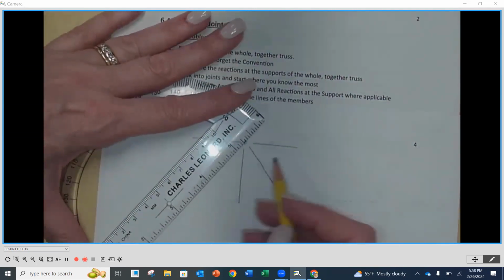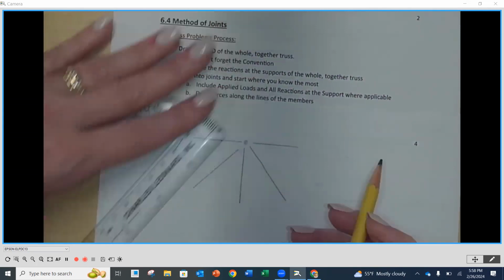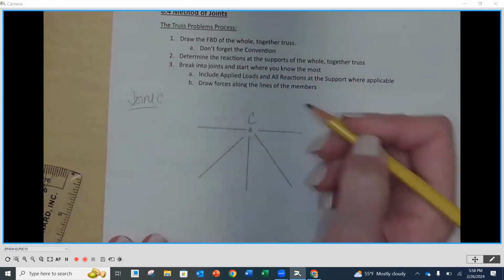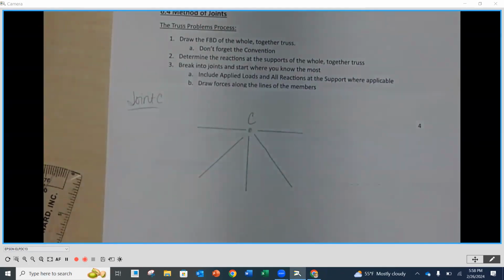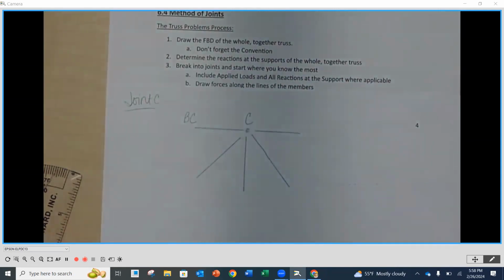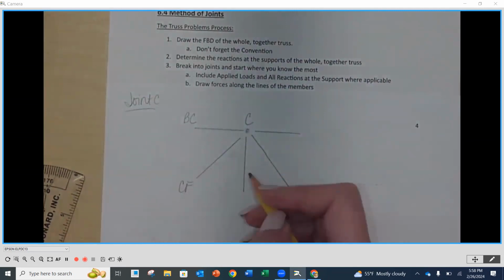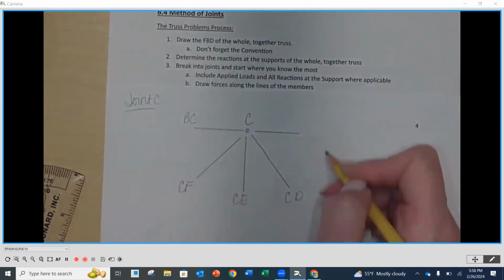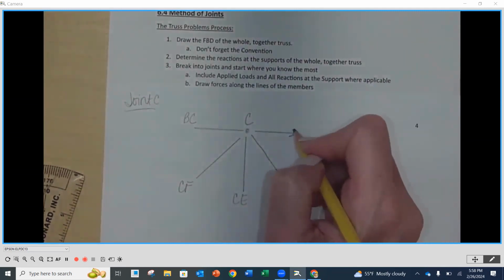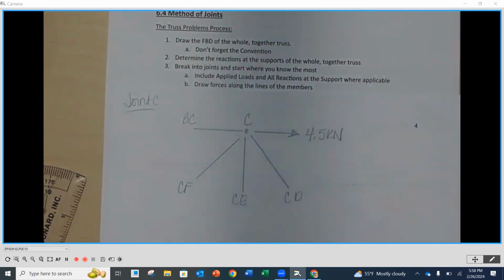We got one here too. This is a busy joint, don't you think? Don't forget the 4.5 kilonewtons. It's going to the right.